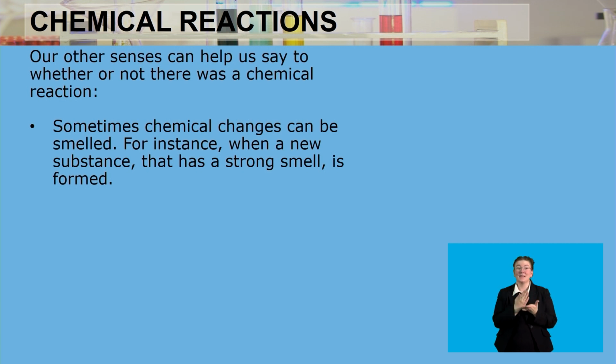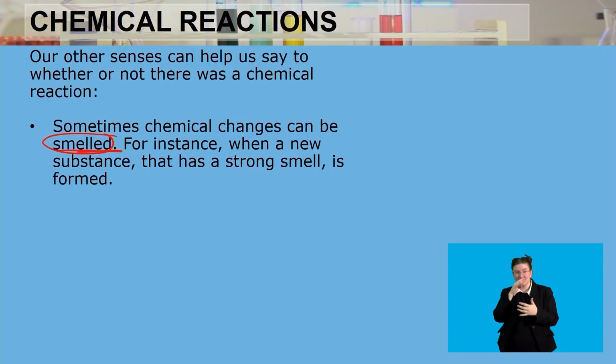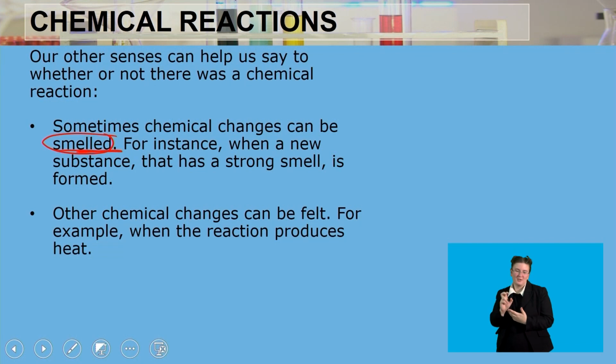Sometimes a chemical change can be smelled. When you're mixing two substances, you can smell something. Because of that smell, we can say that a reaction has taken place. For example, when a new substance with a strong smell is formed, we can perceive the smell, and therefore say that a reaction has taken place.